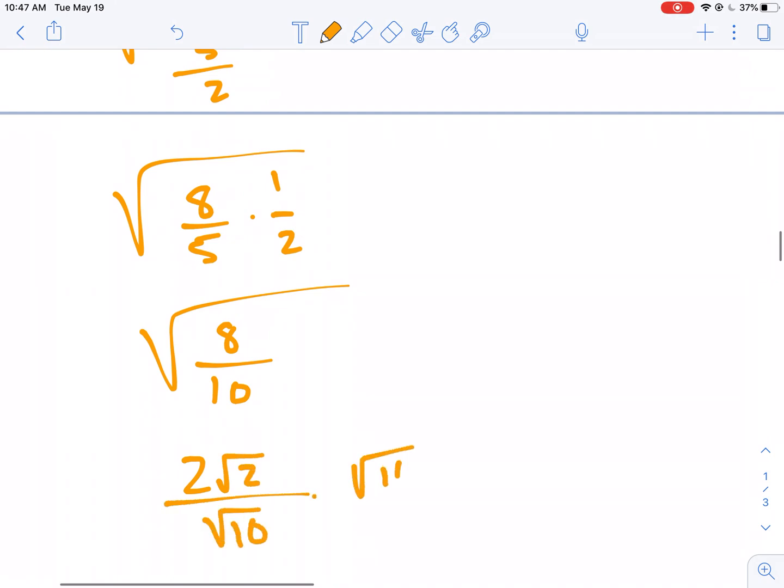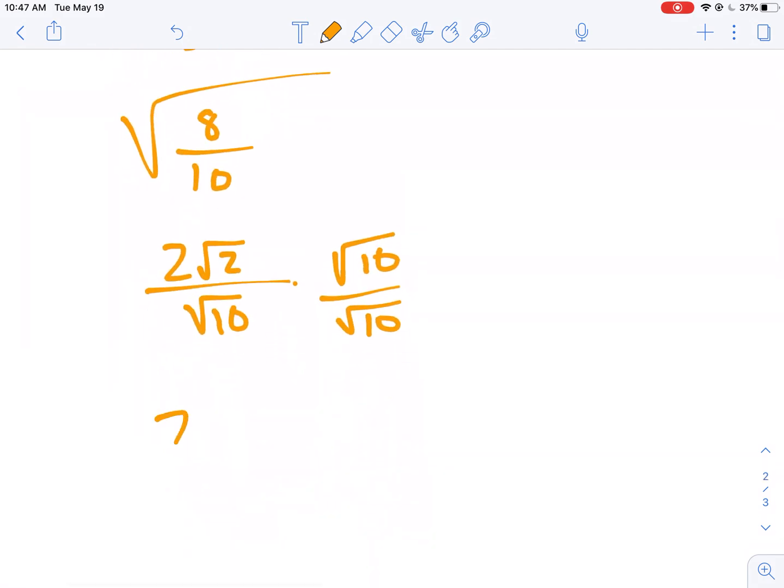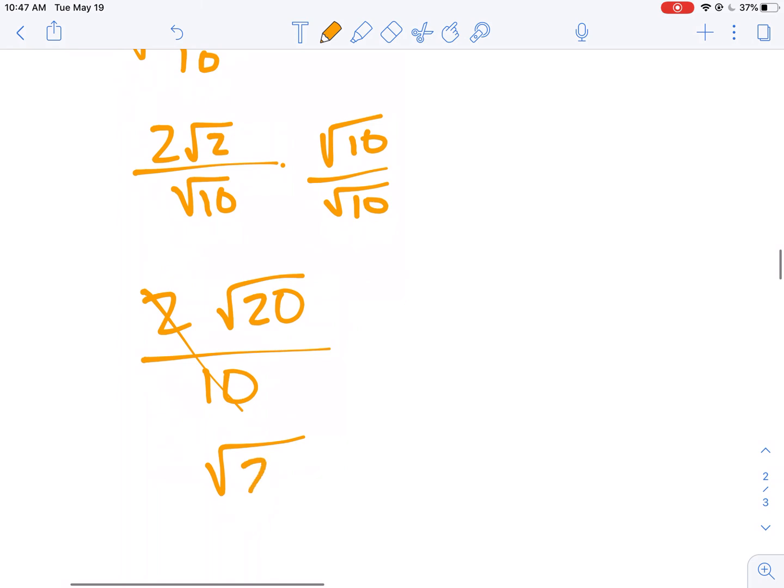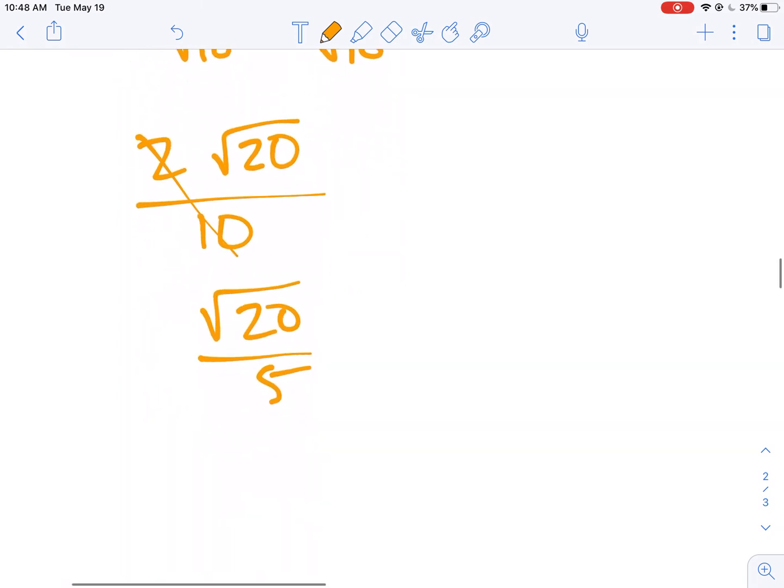Multiply by the square root of 10 over the square root of 10, 2 times the square root of 20 over 10. That will reduce to the square root of 20 over 5. The square root of 20 breaks down into 2 times the square root of 5 over 5.